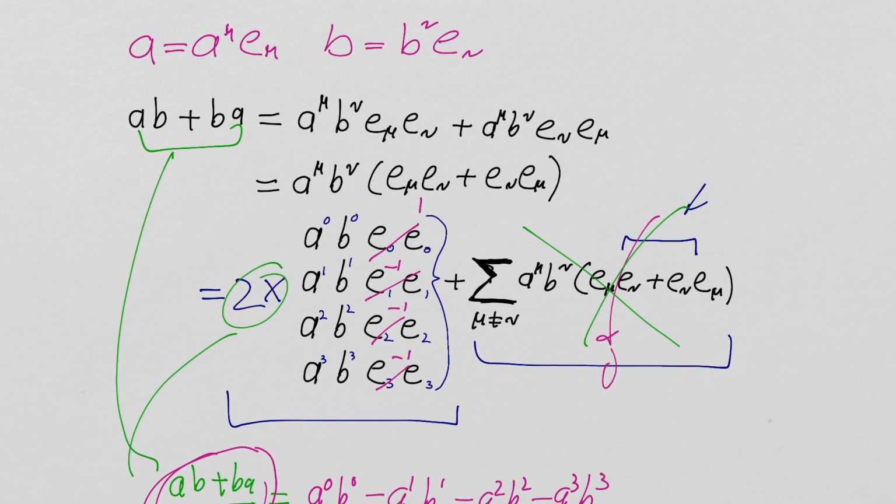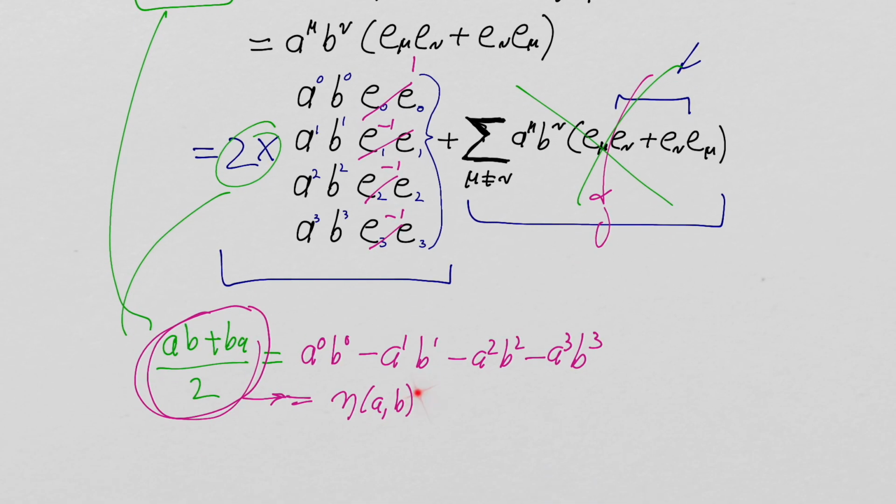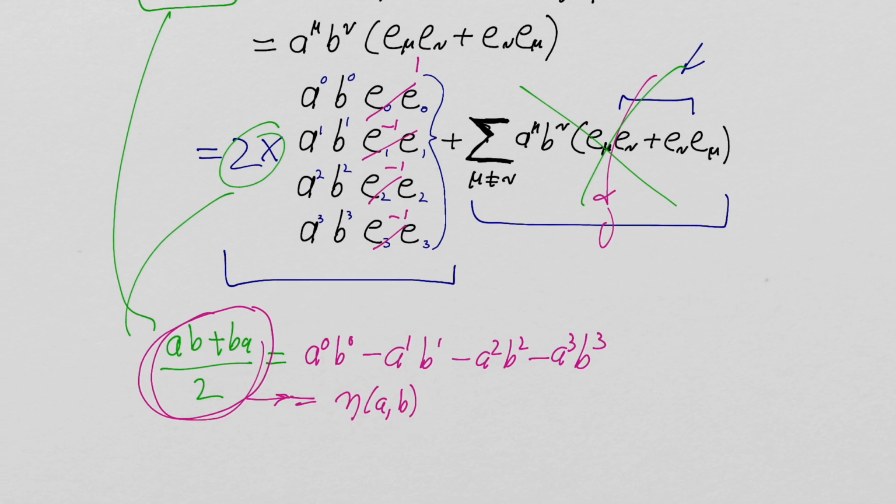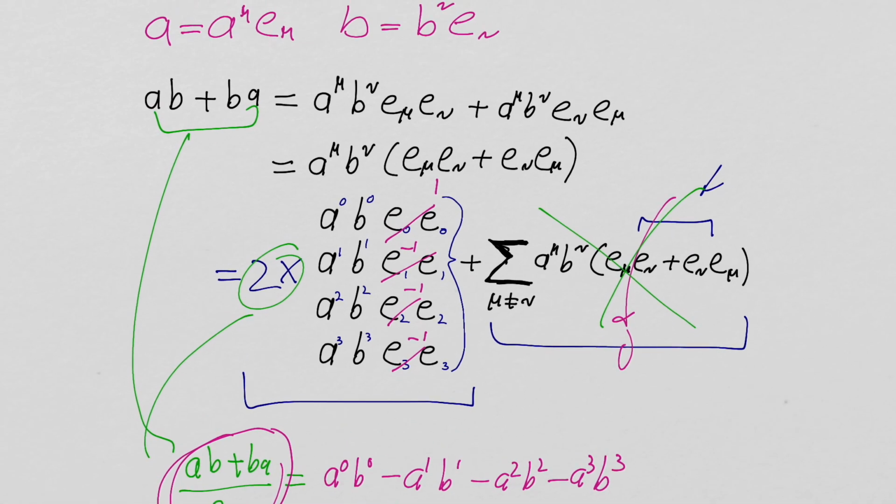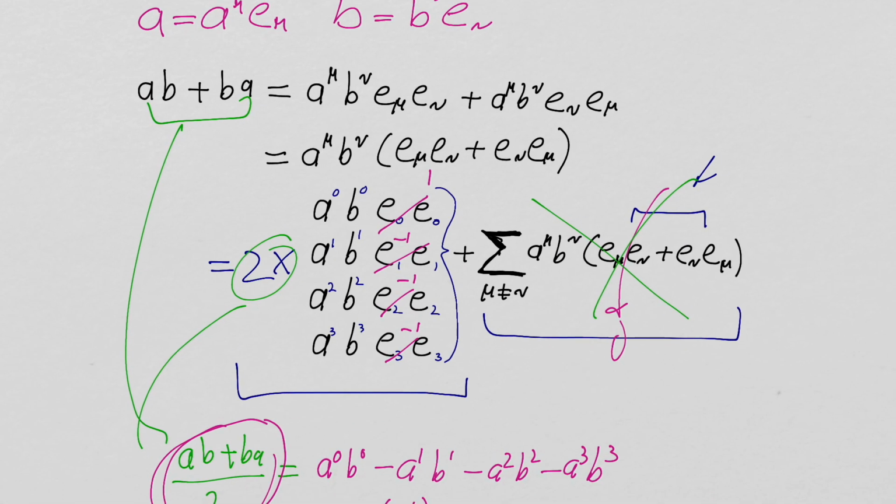Now, admittedly, having gone through this, I sold this in the beginning as an alternative way of showing that the symmetric product equals the Minkowski contraction, but that's not really true. I sold that as saying we're going to use basis vectors instead of total generality.